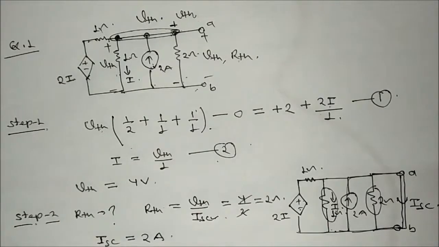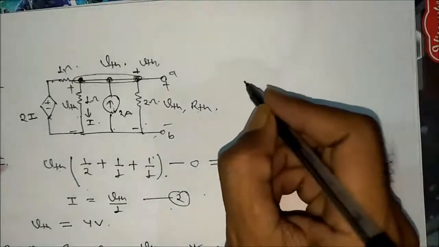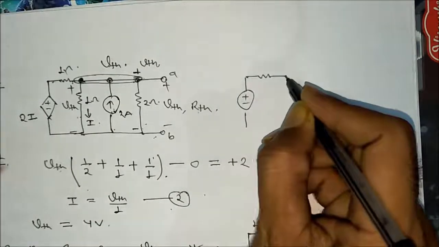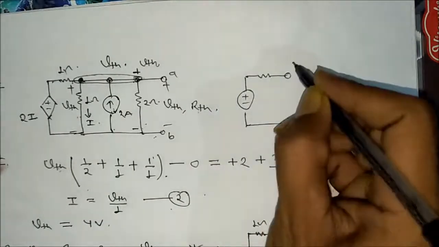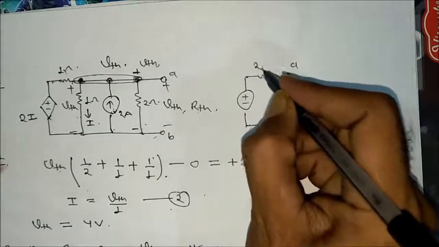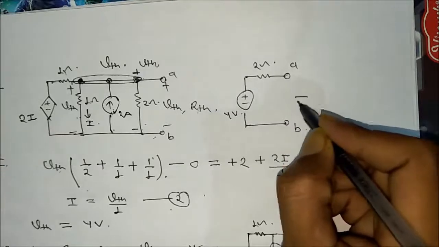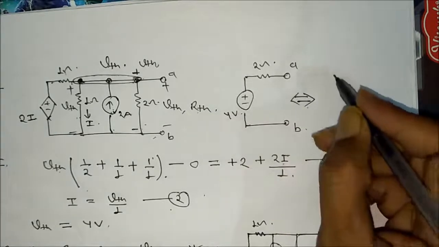Is it fine? So by doing this, we can say that the Thevenin equivalent will be VTH in series with RTH, with terminal AB. This is 2 ohm. This one is 4 volt. Now if it has been asked about the Norton equivalent, we can get it.